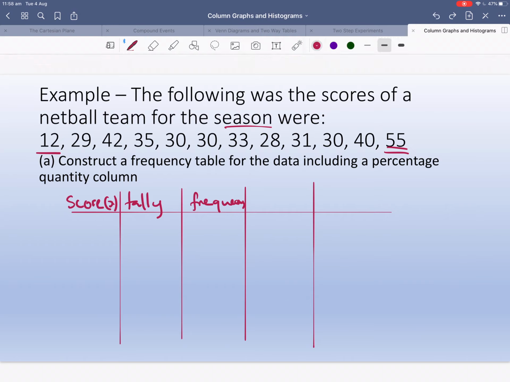Instead of having 12, 13, 14, 15, I'm going to go from 10 to 19, and I'm going to call this a class. So instead of score, I'm going to call it a class.